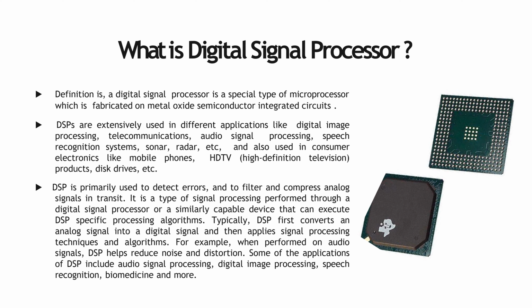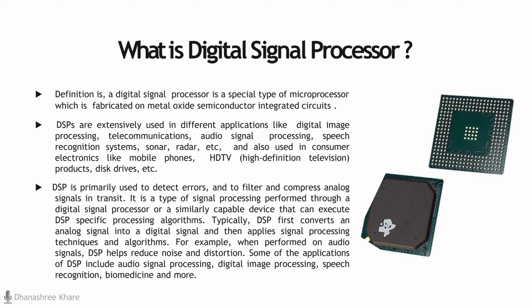So, what do DSP processors basically do? DSP is primarily used to detect errors and filter and compress analog signals in transit. It is a type of signal processing performed through a digital signal processor or a similarly capable device that can execute DSP-specific processing algorithms.